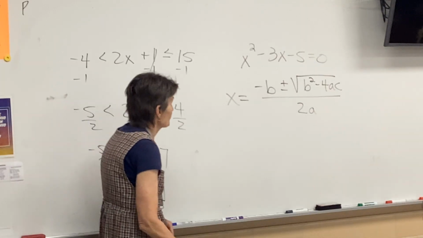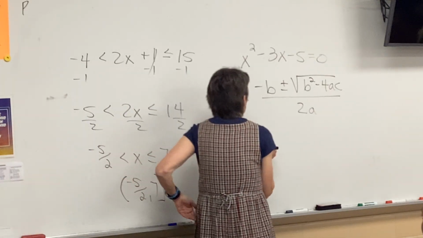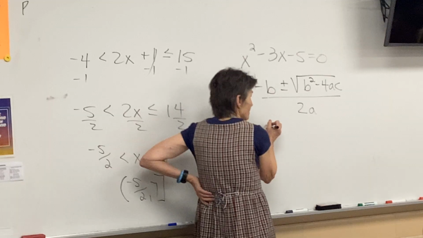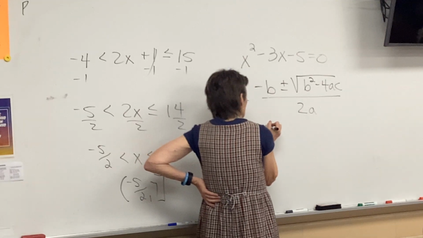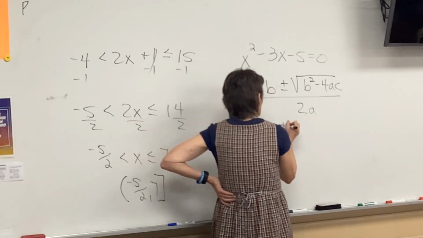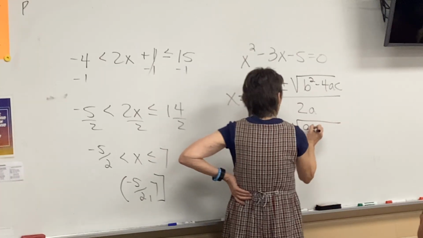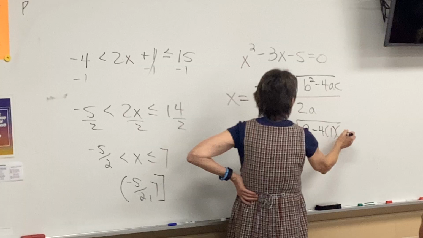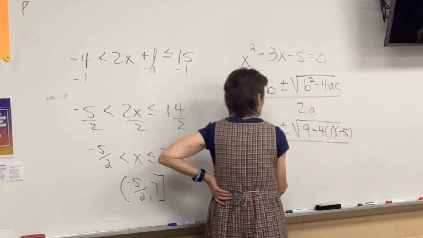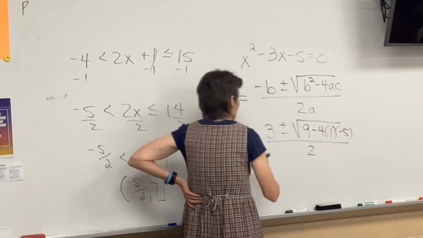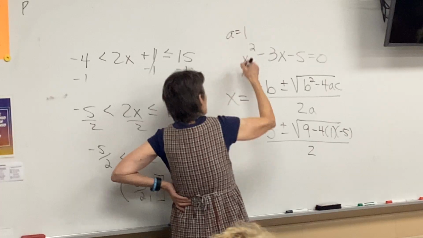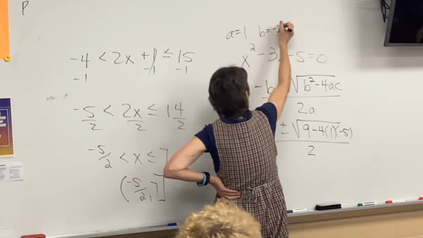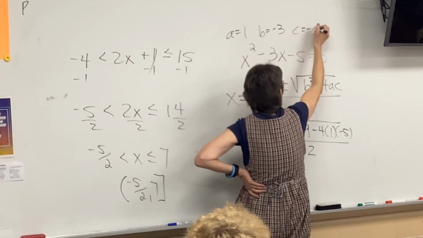Okay, so here we go. Negative b will be positive 3 plus or minus the square root of 9 minus 4 times 1 times negative 5 all over 2. Now if it helps you, write down a is 1, b is negative 3, c is negative 5.